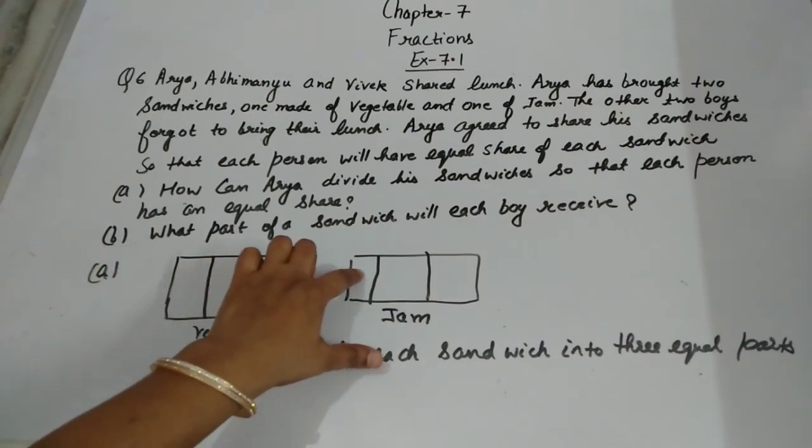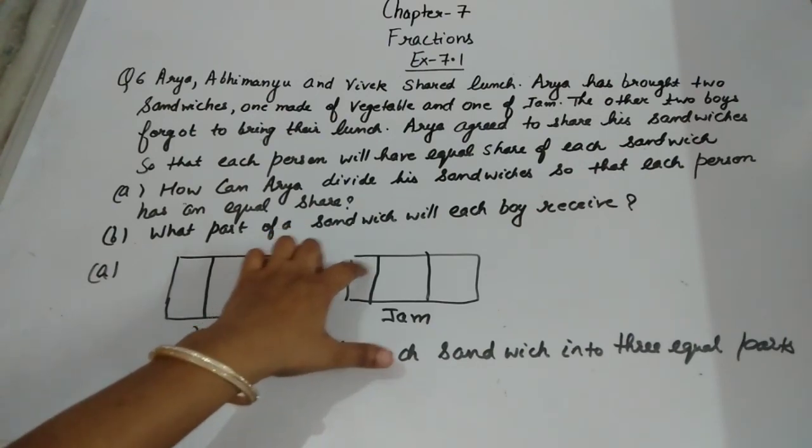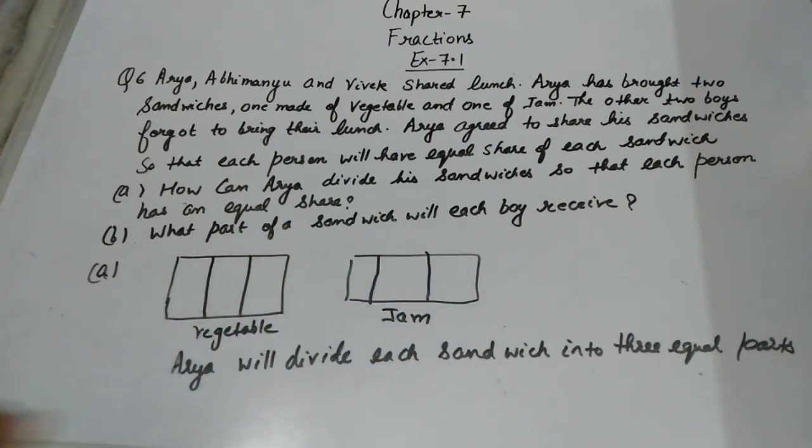Again from the jam sandwich, this part Arya, this part Abhimanyu, and this part Vivek. So three equal parts. Now B part is: what part of a sandwich will each boy receive?